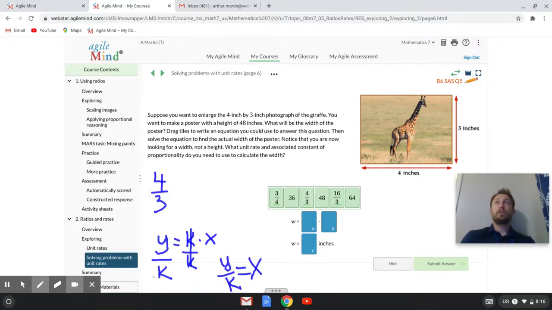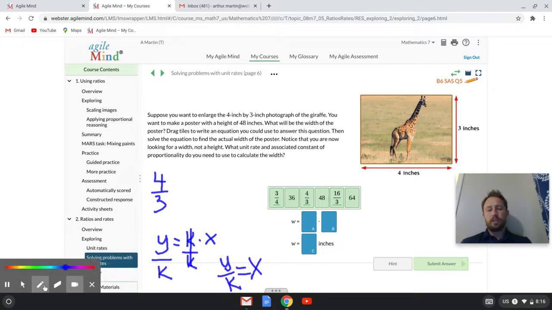So what's 12 times 4? 12 times 4 is 48, but we can't do that. So that means we're looking for a number that is larger than 12. Looking at these, we have 3/4, we have 36, we have 4/3, we have 48, we have 16/3, and we have 64.